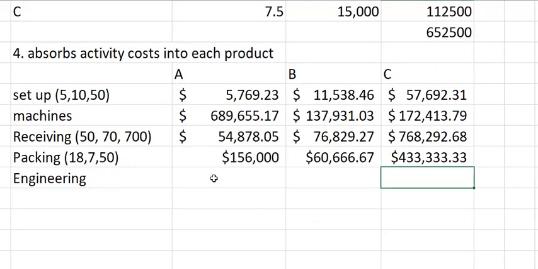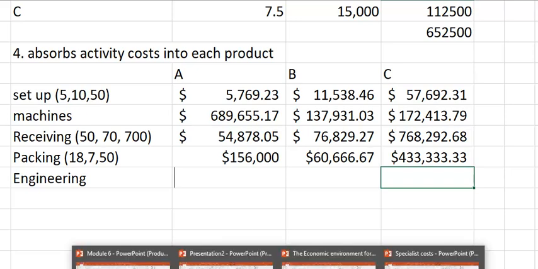Final engineering. So engineering, let's check. Engineering, we said orders. Let's check out the orders.